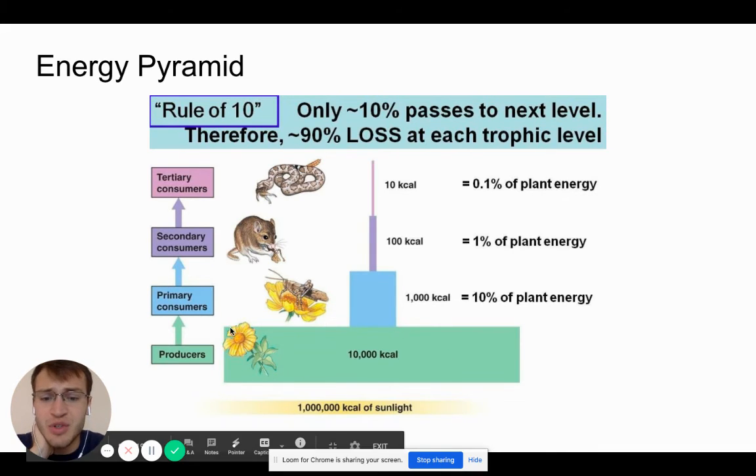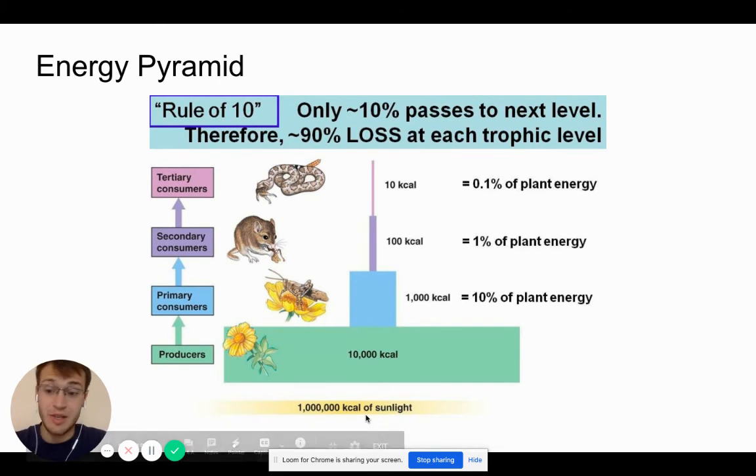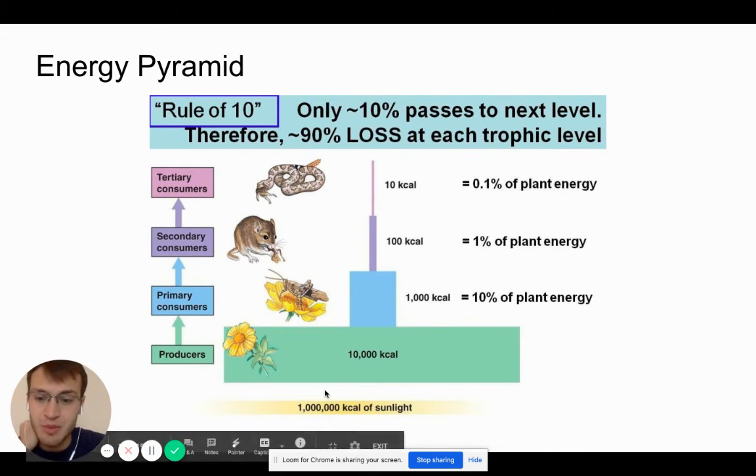And the reason that producers can have so much energy is because they have access to the sun. They're the only organisms that can use the sun's energy to make food. And the sun's energy is basically unlimited. The only thing that limits producers is how much space and how much water there is.